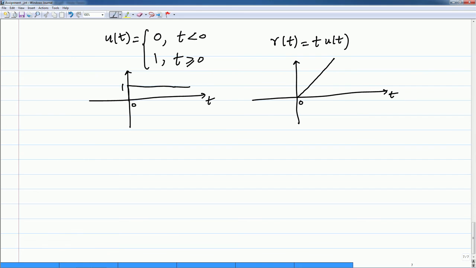That's why these things are very important, and one very good exercise is to take some piecewise constant signal and write it as a sum of shifted and scaled unit steps and unit ramps. The last two questions ask you to do that for ramps.